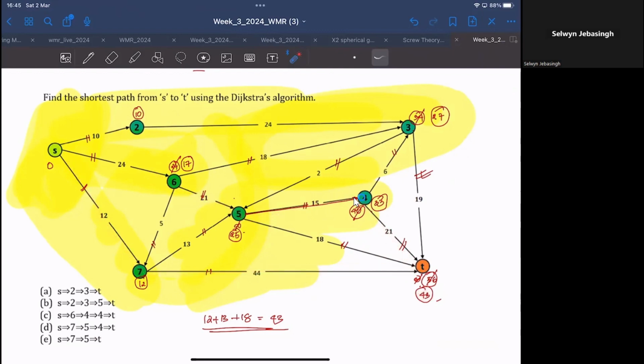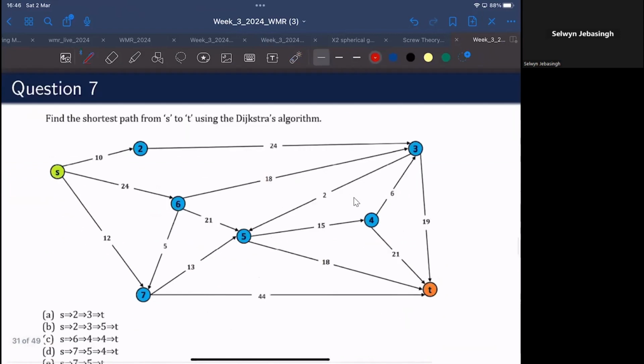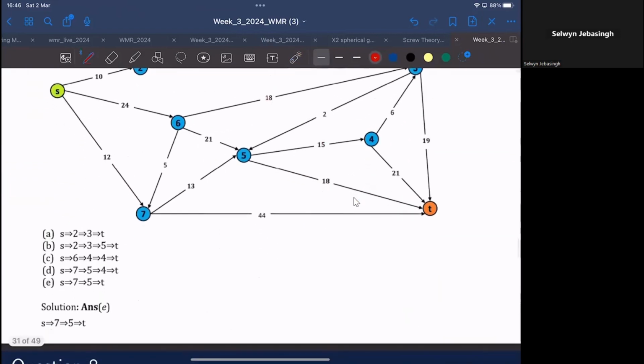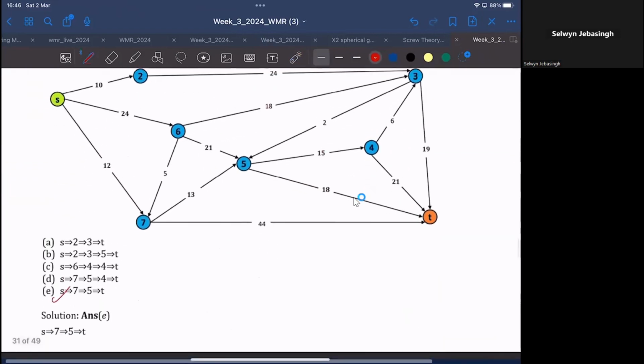That is the correct answer, the shortest path. 12 plus 13 plus 18 gave you 43, and that path corresponds to S75T, and hence your correct option is option E, S75T. I hope there are no further questions on that. Option E is indeed the correct answer. The correct path is this one.